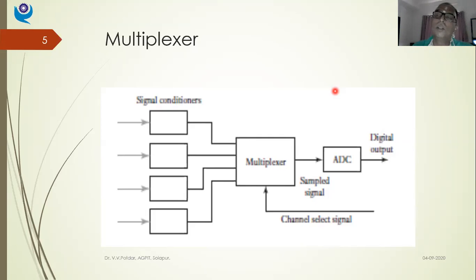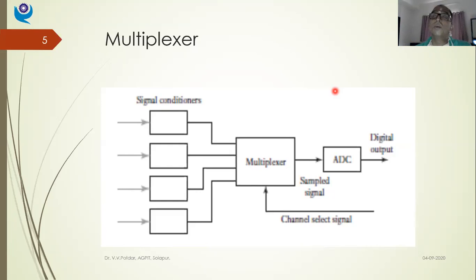So 3-4 signals, maybe one corresponding to distance, one to pressure, one to gripping force. Some are analog signals, some are digital signals, and these are to be processed appropriately, conditioned through my signal conditioning devices.